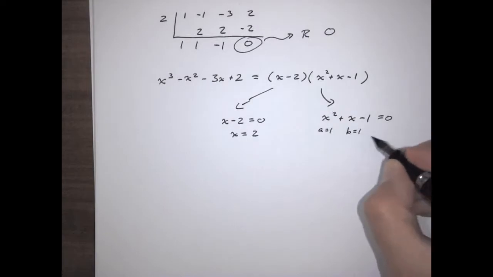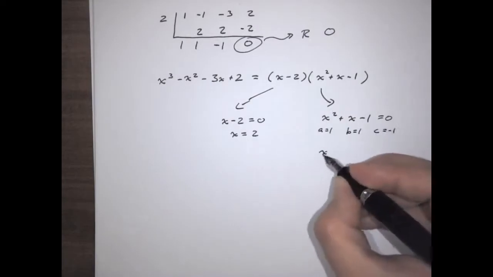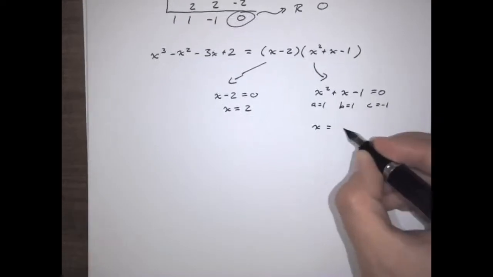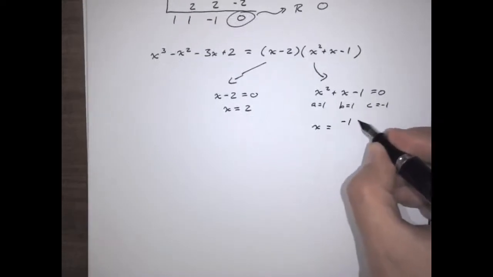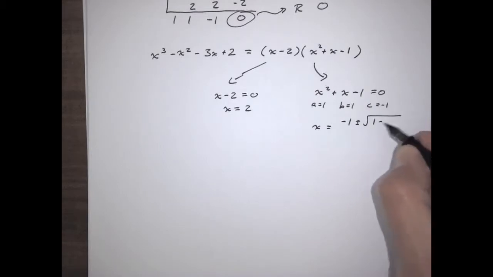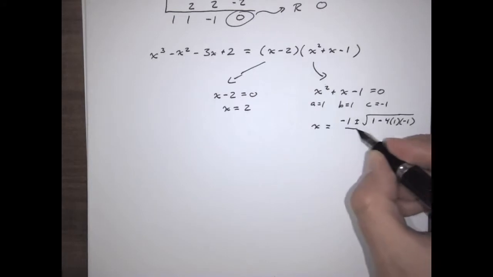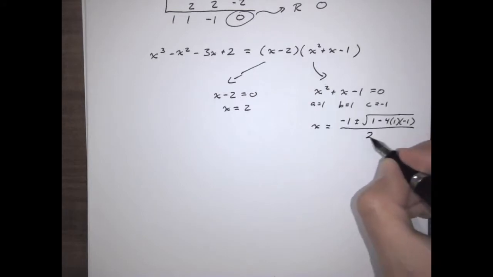the quadratic formula with a equals 1, b equals 1, c equals negative 1, and then x equals negative b plus or minus the square root of b squared, which is 1, minus 4 times a times c, all divided by 2a.